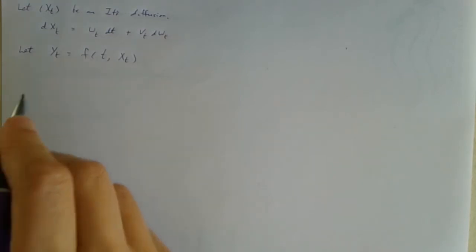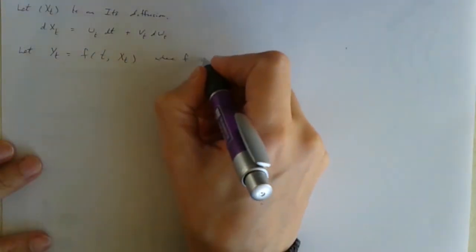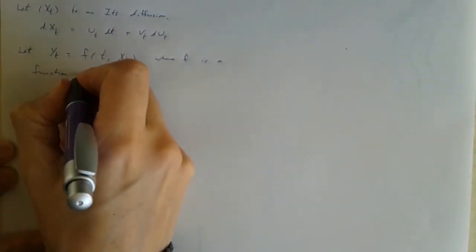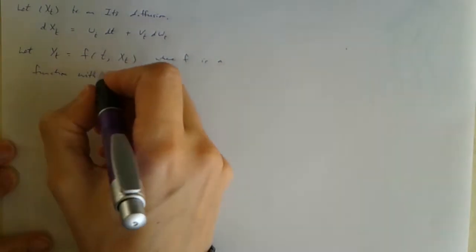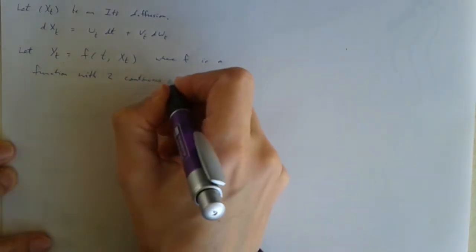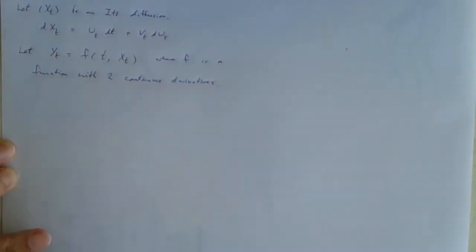The f here is a function which we can differentiate twice, that is, it has two continuous derivatives. So f is supposed to be just an ordinary nice smooth function.